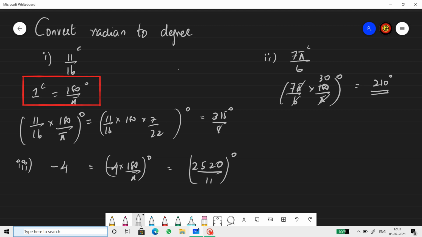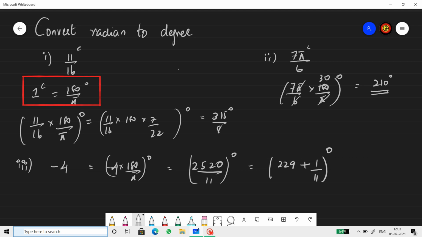You take pi as 22 by 7 and simplify that, you get 2520 by 11 degrees, which when you divide, you get it as 229 plus 1 by 11 degrees.